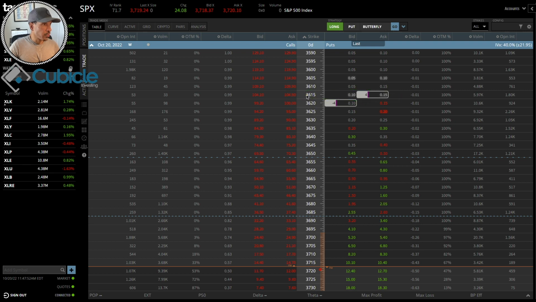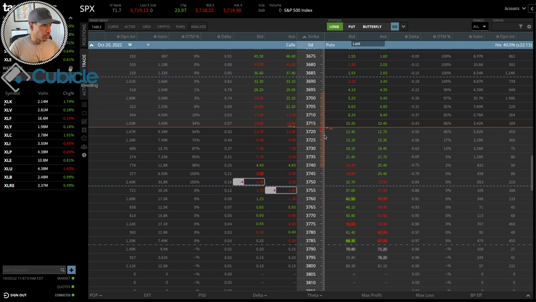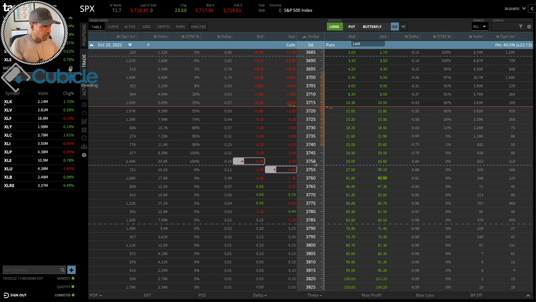The width of the strike prices is 5, and I sold 4 contracts. The call credit spread, I sold at 37.50 and bought the 37.55. Again, same number of contracts and the same width on the strike prices, which is 5.